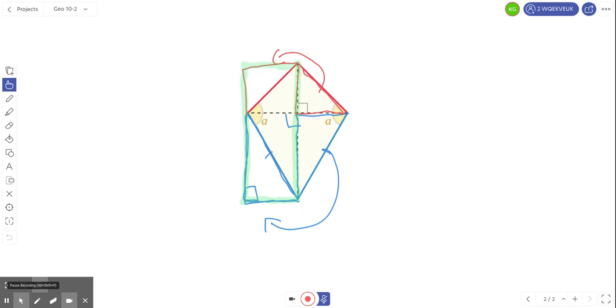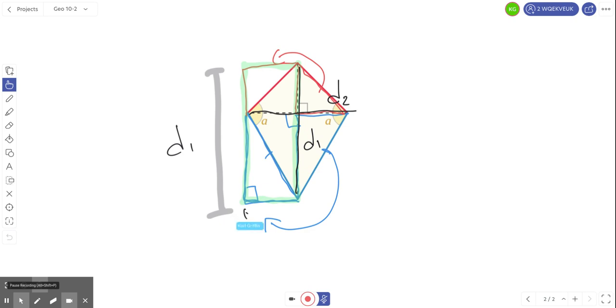And the height of that rectangle is, let's call this diagonal 1. The height of the rectangle is going to be diagonal 1. And if we call this other side diagonal 2, well, the width of this rectangle, remember how we said that that diagonal got cut exactly in half?